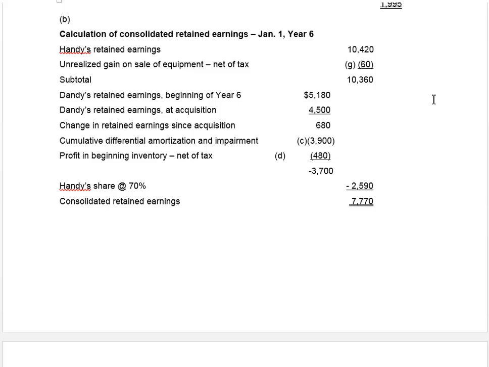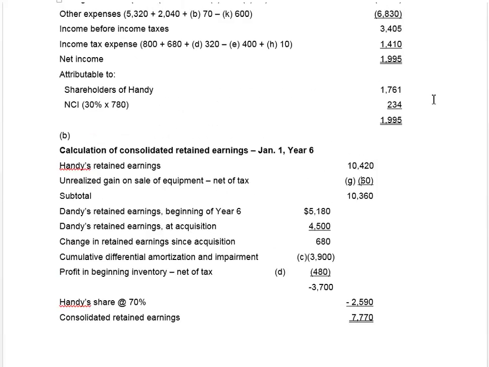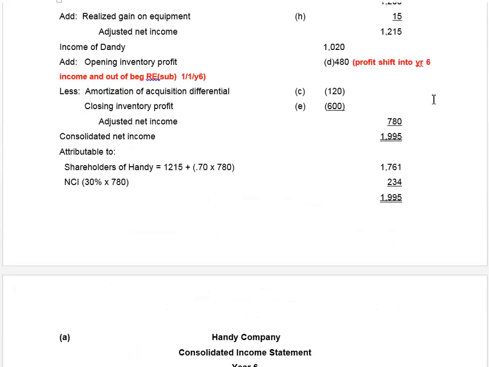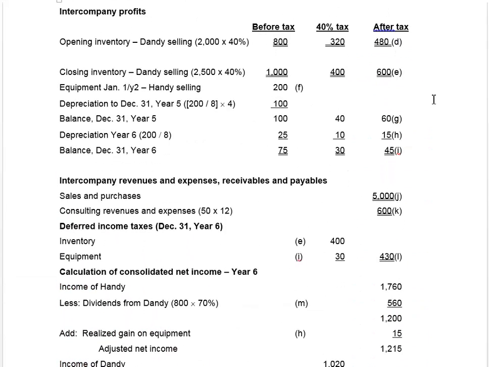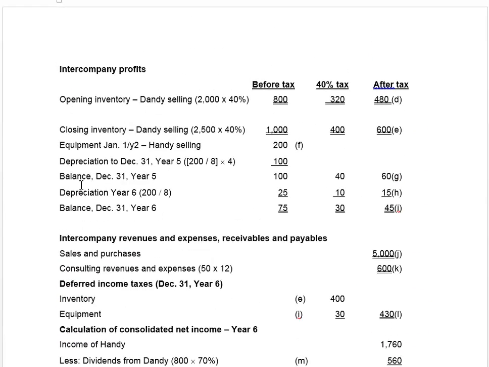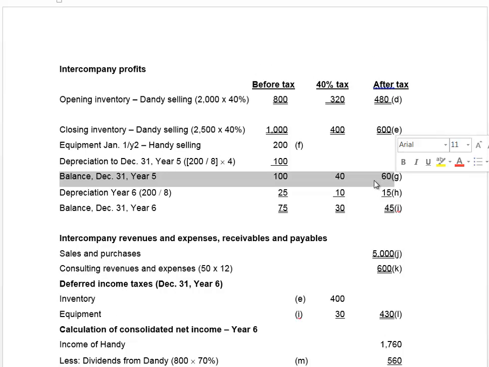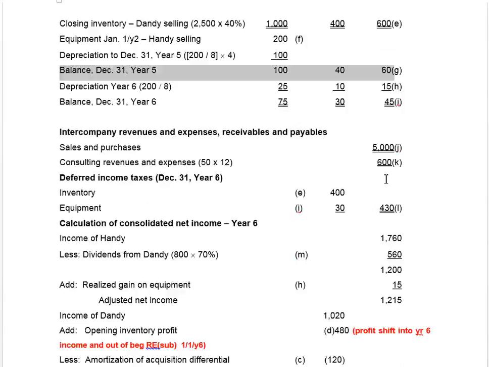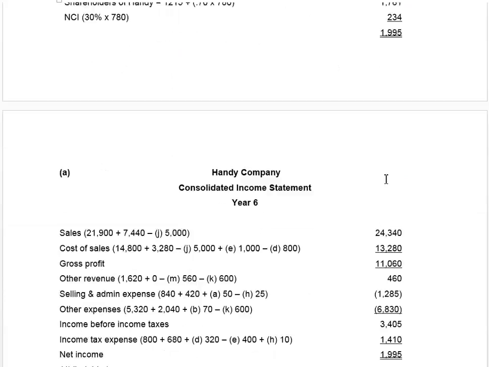So if we go back to our table just above, we see here that by the time we get to the end of year 5, there's $60 on an after-tax basis that the parent has booked, but the consolidated entity can't recognize it yet. So we're going to remove that. That's at the end of year 5.